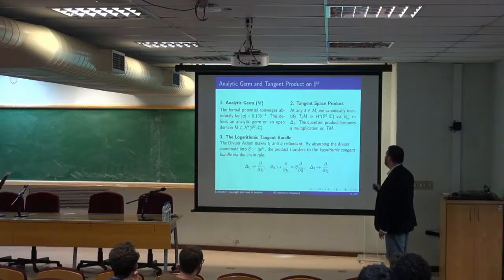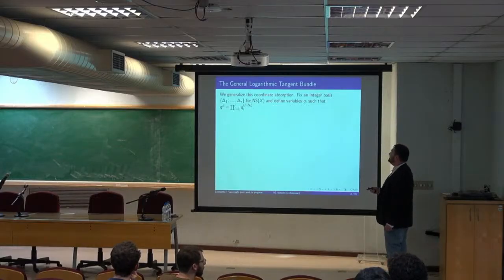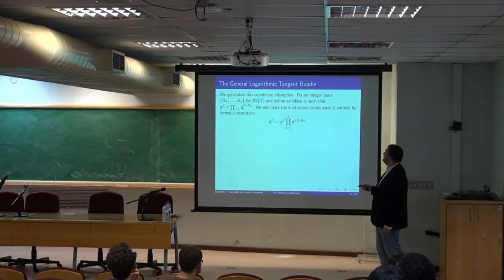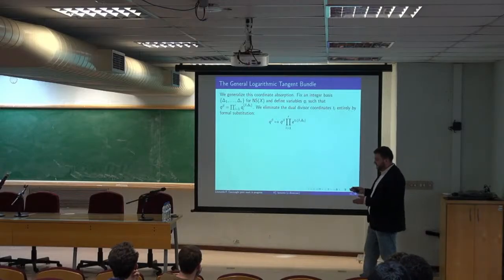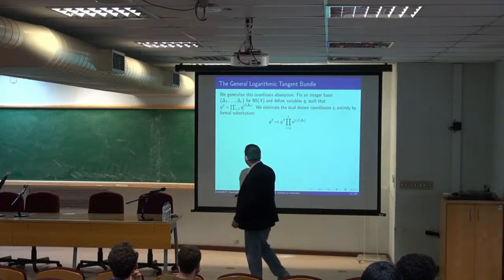So let's say the quantum product is actually a product on what is called the logarithmic tangent bundle. Why logarithmic? Just simply because the derivation has this Q layer. But this is a completely general procedure. Whenever you have a smooth projective variety, you have its homology, and you can define the potential.